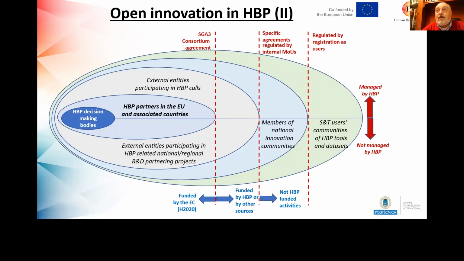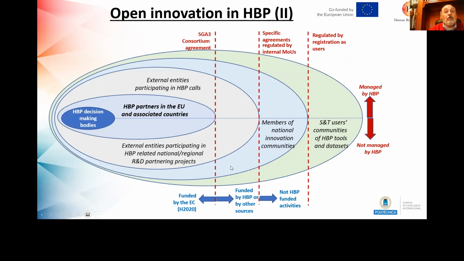I'm finishing this part. At the end, maybe in two or three years, we will have an open innovation ecosystem around HBP. We have the core, the HBP partners, which have decision-making bodies for sure. We have external entities participating in calls or related to partnering projects funded at the national and regional level.